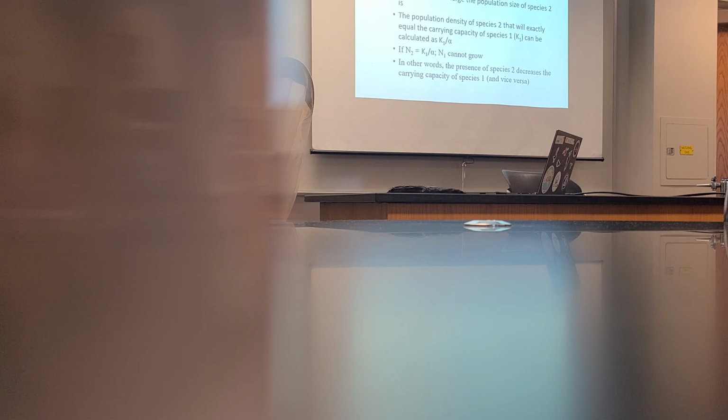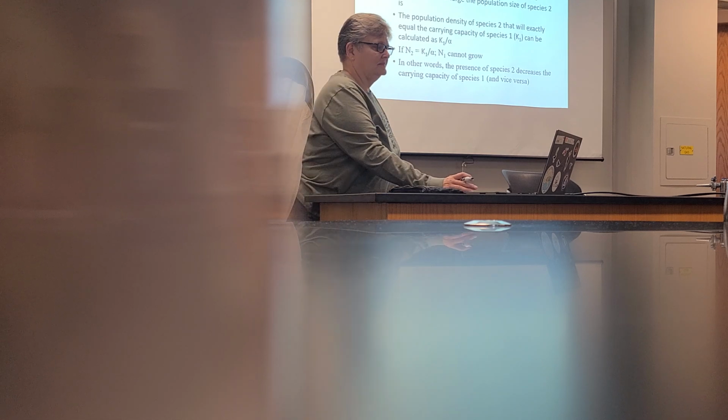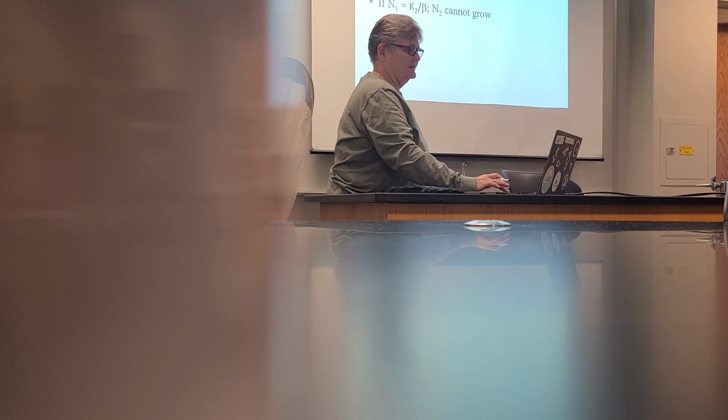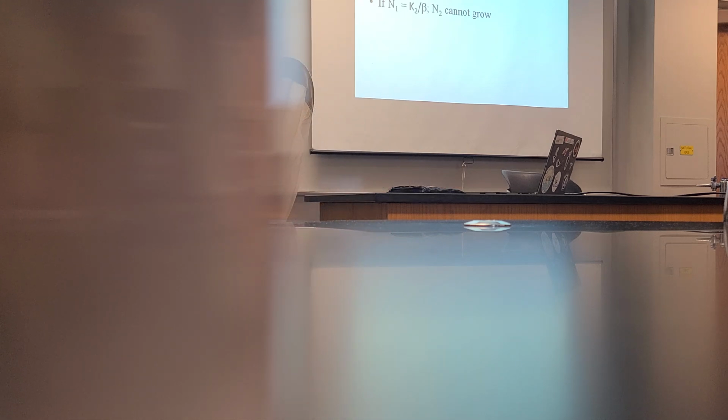All right. Now, keeping that in mind, what's the population size of N1 that will completely suppress N2? Oops, there it is. Yep, K2 over beta. Well, let's say it's over here.